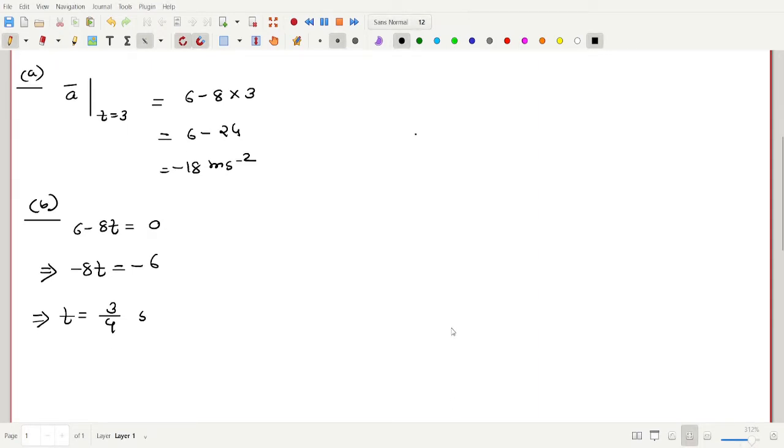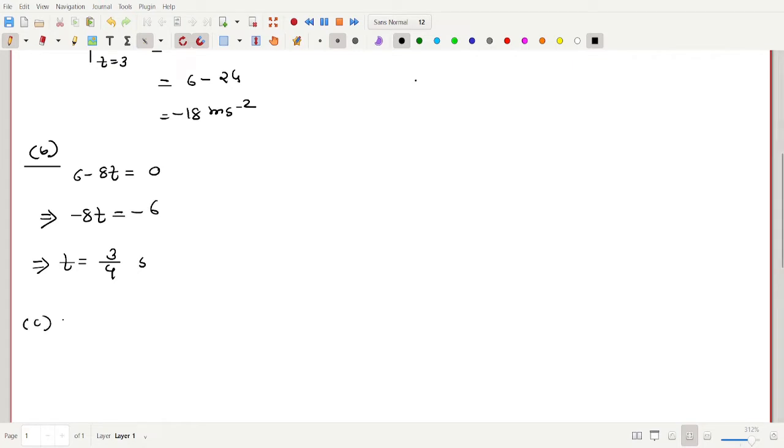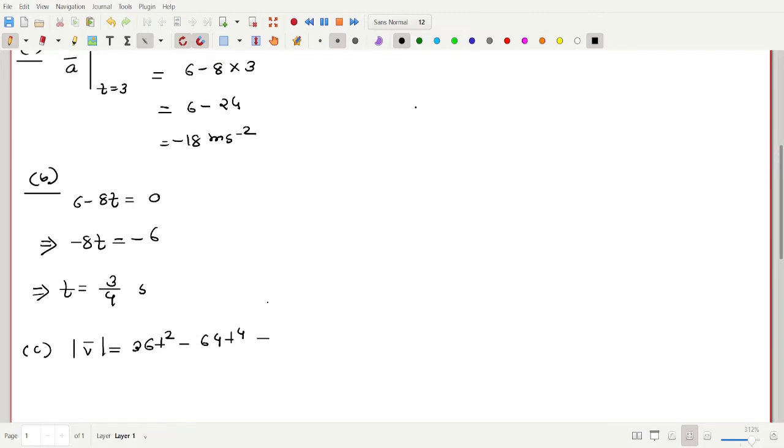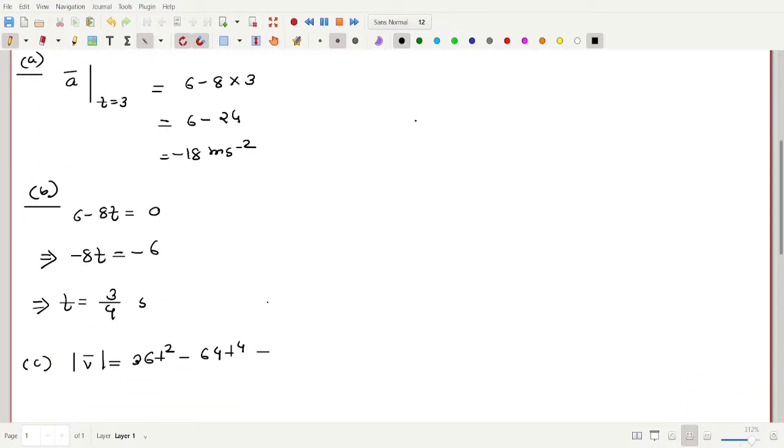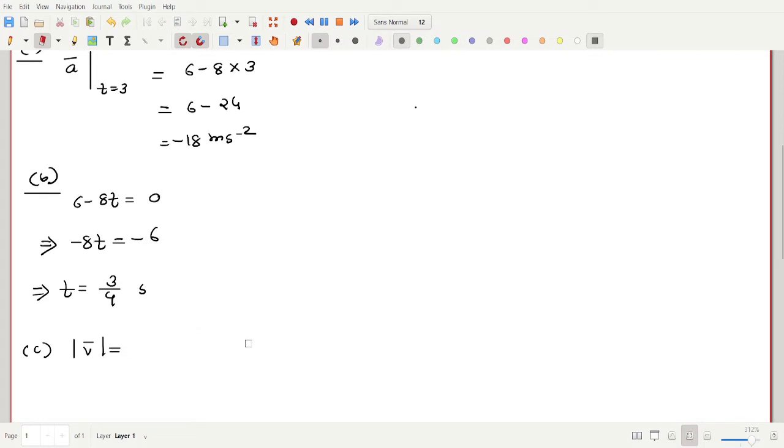So when the speed equals 10 meter per second, we have the modulus of v. Look carefully, the question says speed.